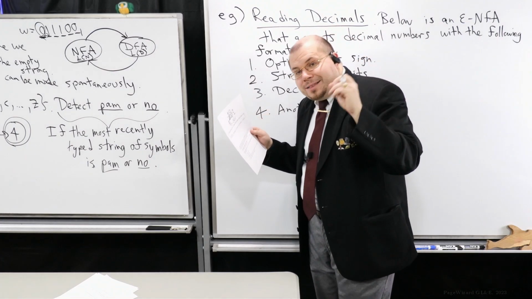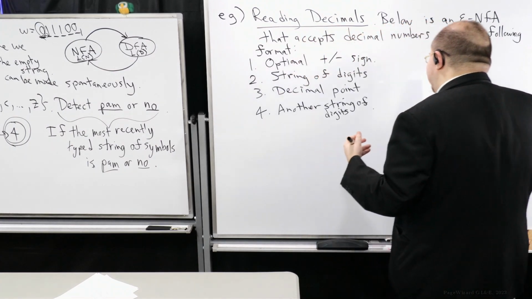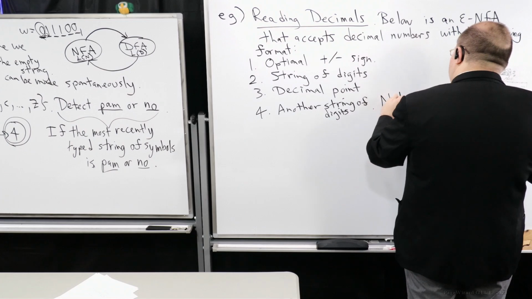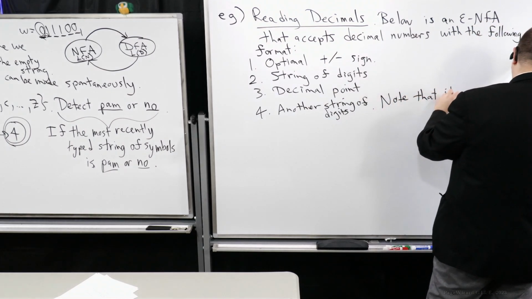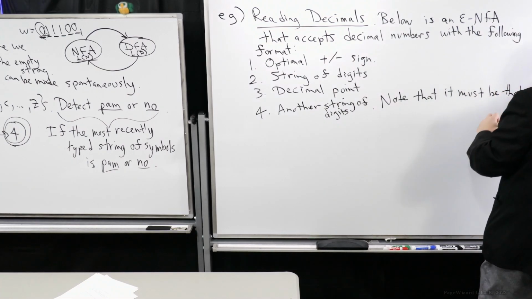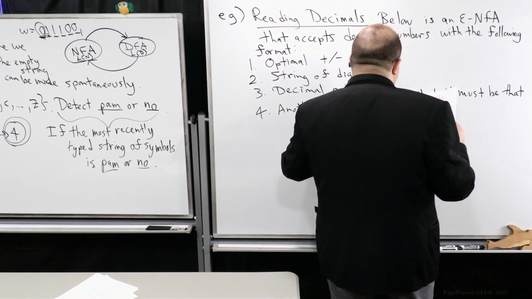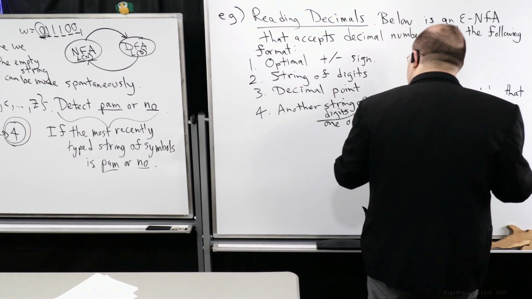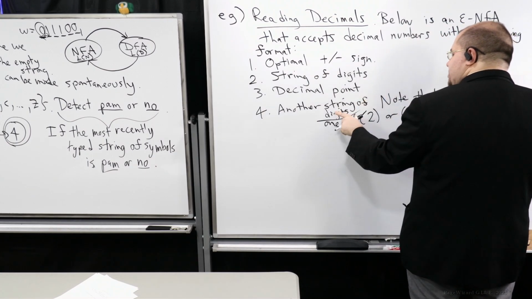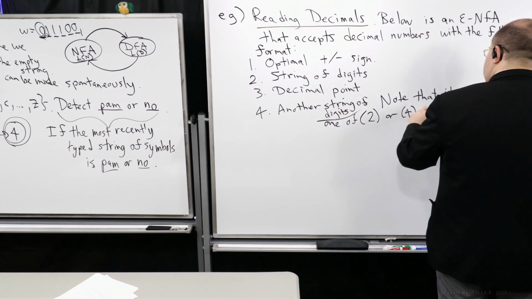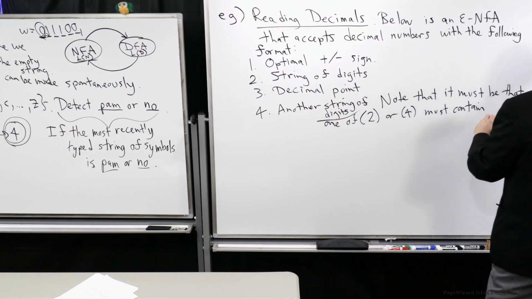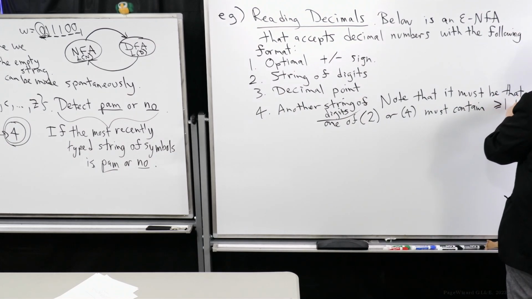But note that we just don't put a decimal. We have to have at least one. Let me make a note about this. Note that one of the first or second strings of digits must contain at least one digit.